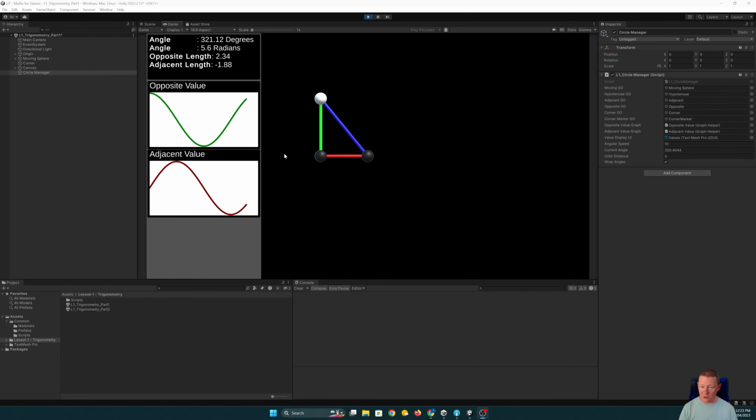Now, a full circle is 360 degrees, or in radians, ends up being about 6.28. But that is 2 times a constant called pi. So 2 times pi. And pi has a very specific value you can access.